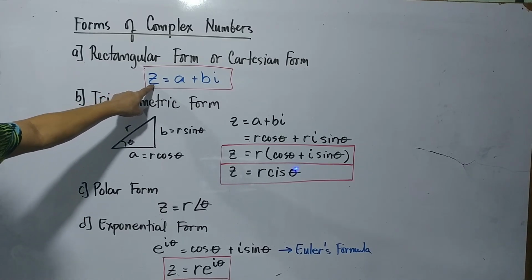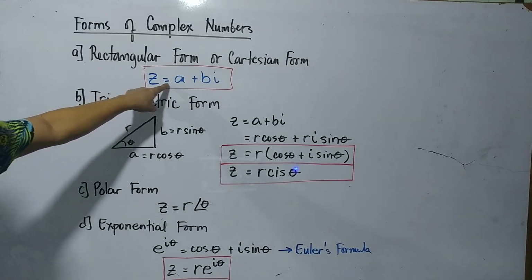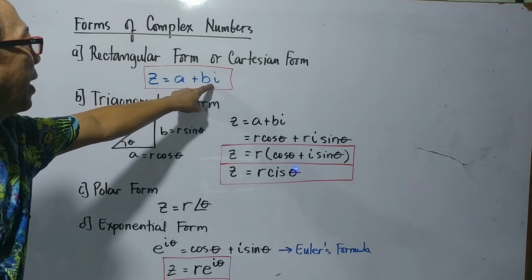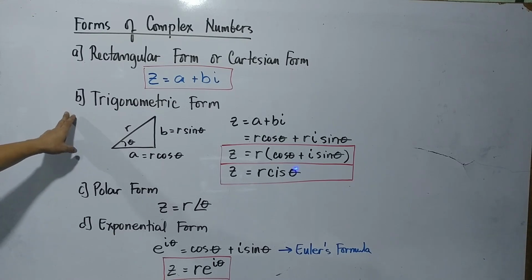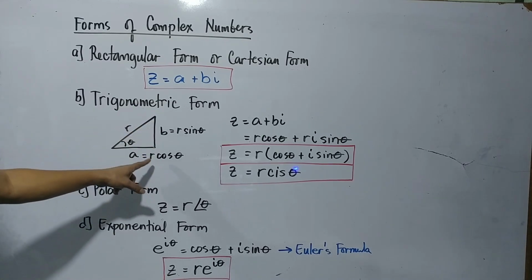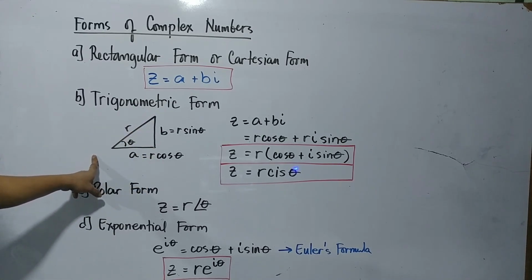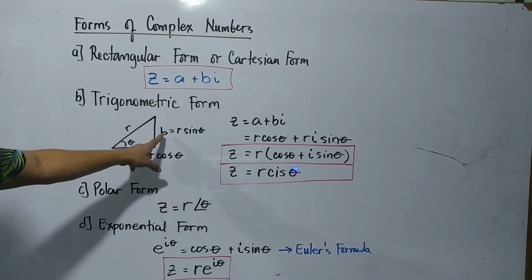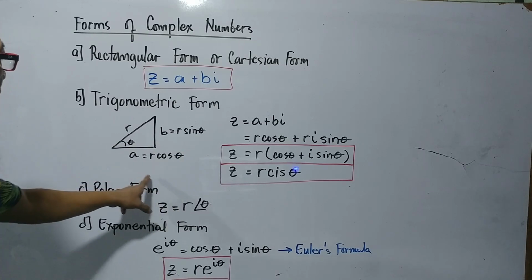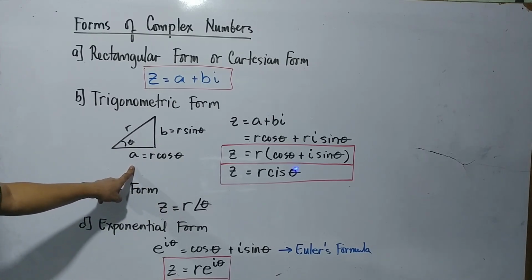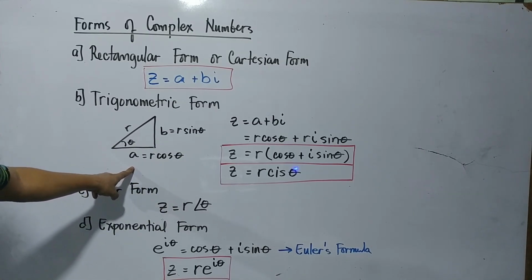BI, where Z represents the complex number, A is the real number, and I is the imaginary number. For the trigonometric form, we use the right triangle analysis from trigonometry that the opposite side of the triangle is r cosine theta, and for the adjacent side, we have r sine theta.